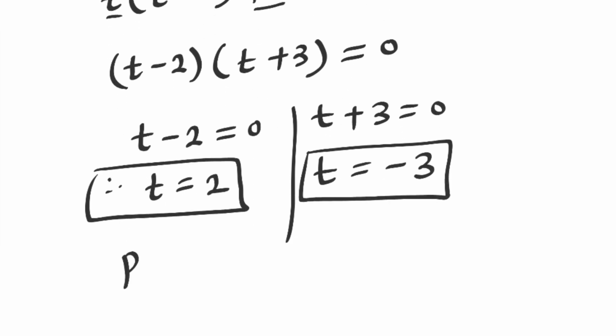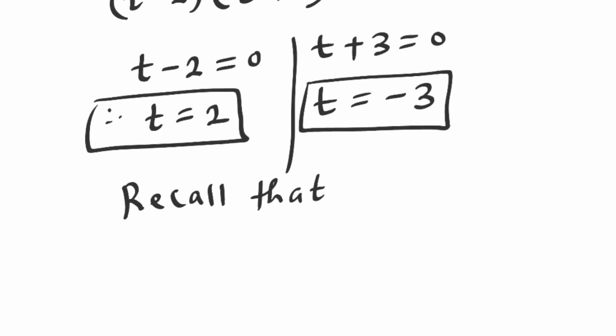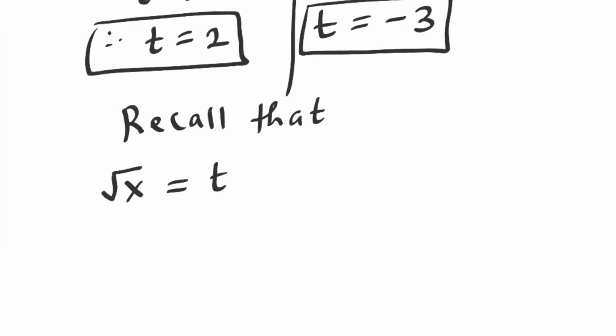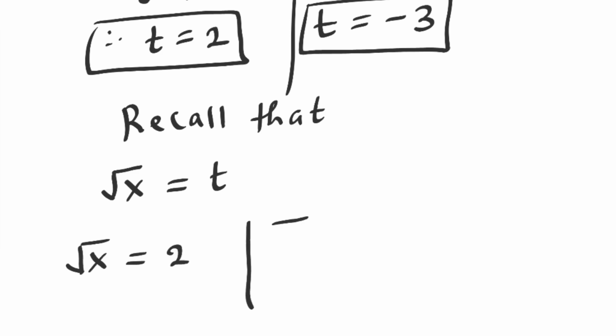Then recall that square root of s is equal to t. Then square root of s is equal to 2, or square root of s is equal to negative 3.